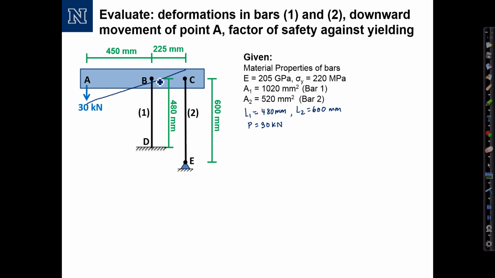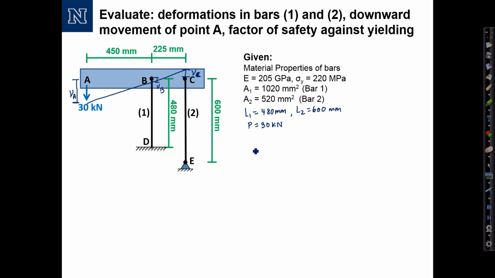Probably we'll get downward movement at point B, which I'll label V sub B. And we can check to be sure, but we'll probably get upward movement at C, which I'll label V sub C. Later we'll have to relate these to the axial deformations in the bars. Also, we expect to get downward movement at A, which I will label V sub A.